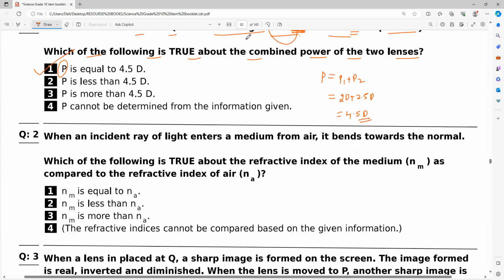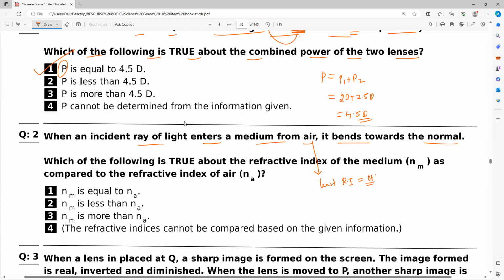Next question is a little important question regarding refractive index. When an incident ray of light enters a medium from air, it will bend towards the normal. So we all know that it is entering from air, and air has the least refractive index. What is that, everybody? Air has the least refractive index, which is equal to what? All of you, 1. Am I right or wrong?